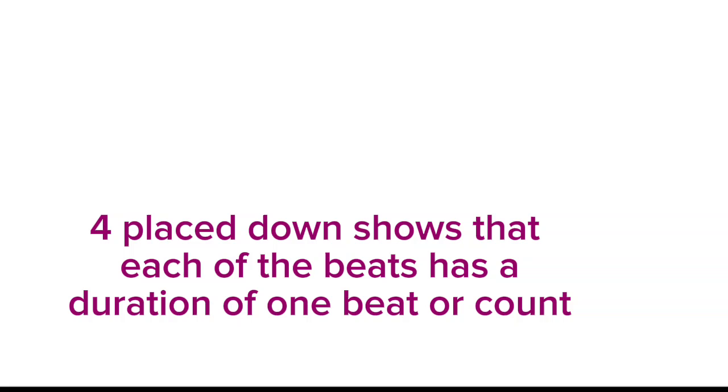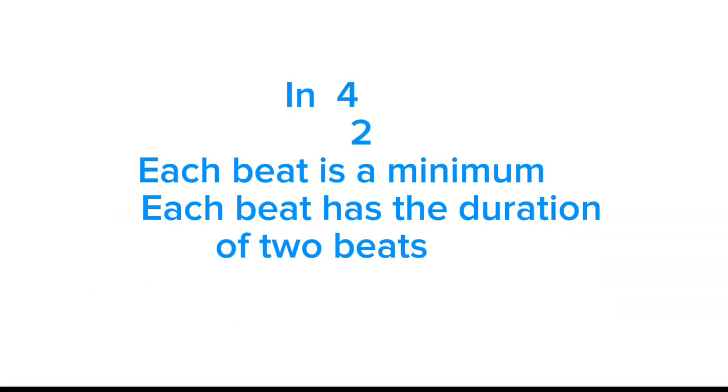But in a situation where we have 4/2, the upper figure shows us that there are 4 beats in each bar, but the figure 2 below tells us that each beat is a minim, therefore each beat will count as 2.